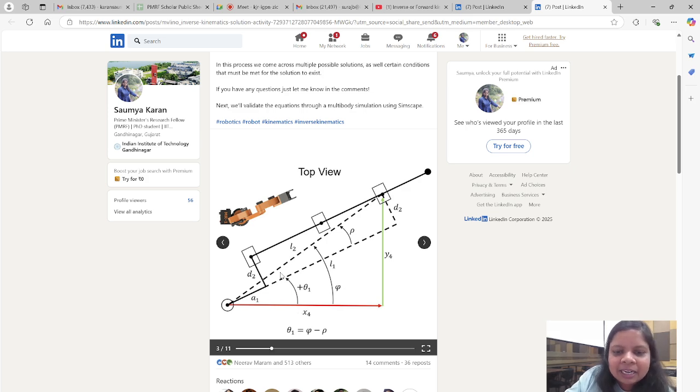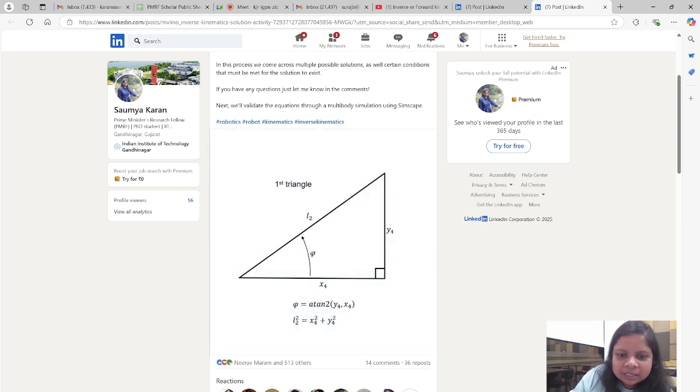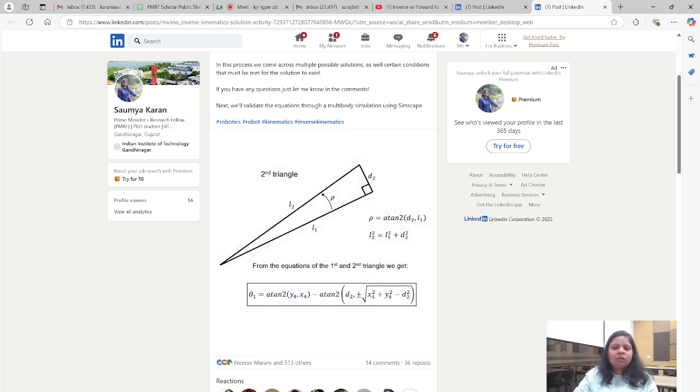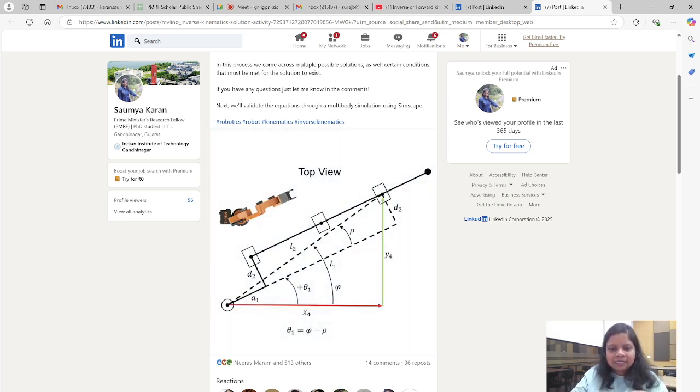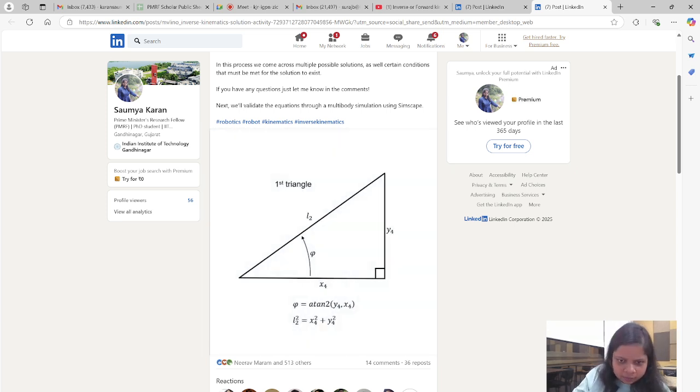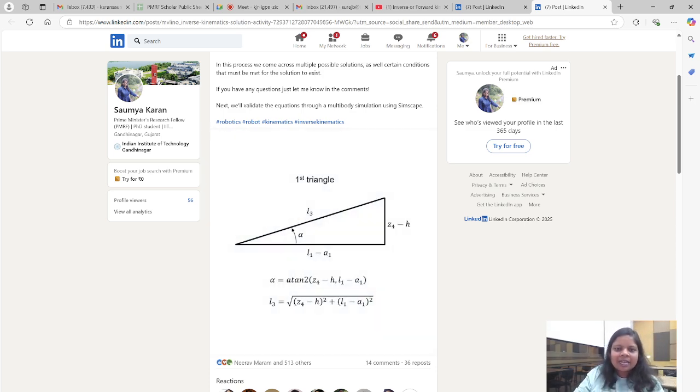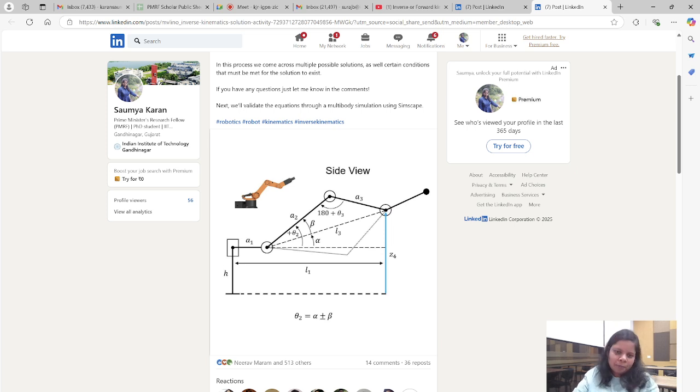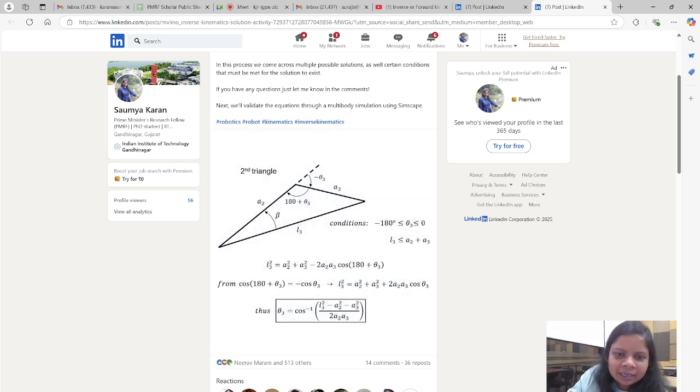He has taken this theta 1, this angle to be rho, and this angle to be phi, and then all the link lengths as well, L2, D2, all of these. Then he tried to find a relation. This is the first triangle that he took. This is the second triangle that he took. So he is basically trying to solve this with multiple triangles. Then he took the side view and got the geometric relation, then the first triangle and all.